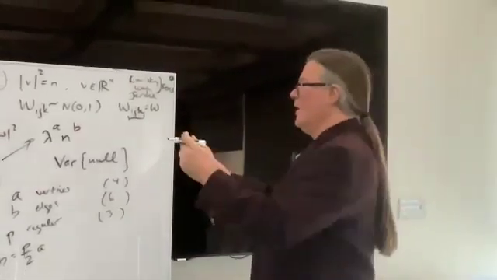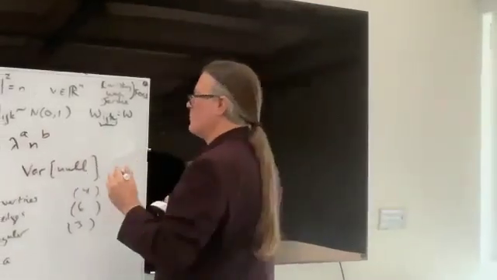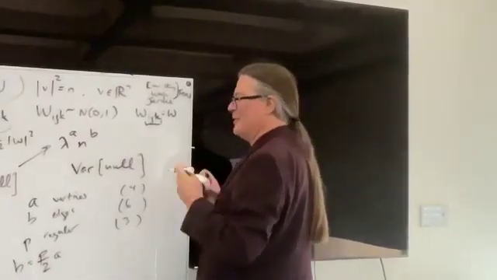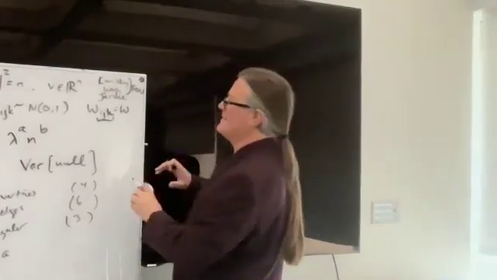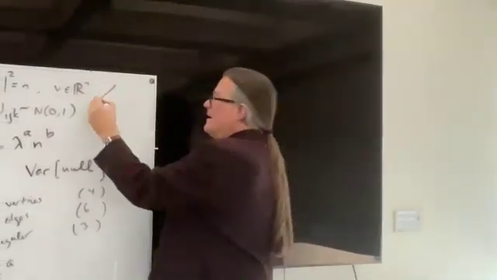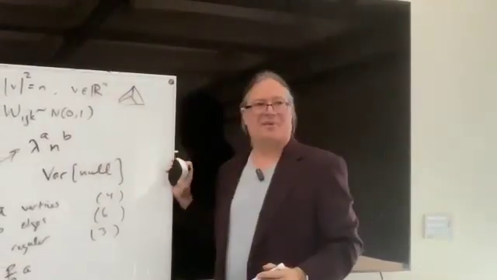Good. Well, what's the variance? Well, remember, that's the second moment minus the square of the first moment. What's the second moment? The wonderful thing is that here is one copy of this.